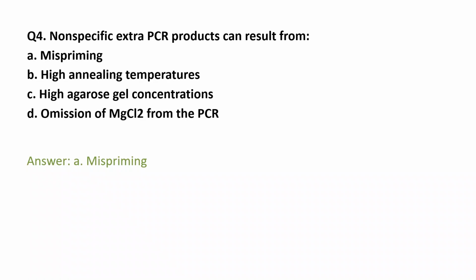I'm not saying too high, such that it touches the denaturing temperature. But if the temperature is suitable for annealing, you get specific products. So yes, mispriming is correct. High annealing temperature will reduce non-specificity.